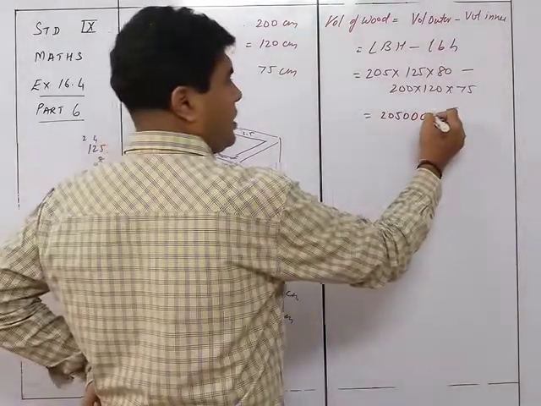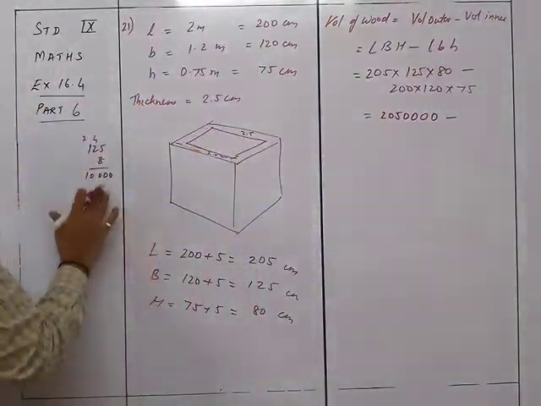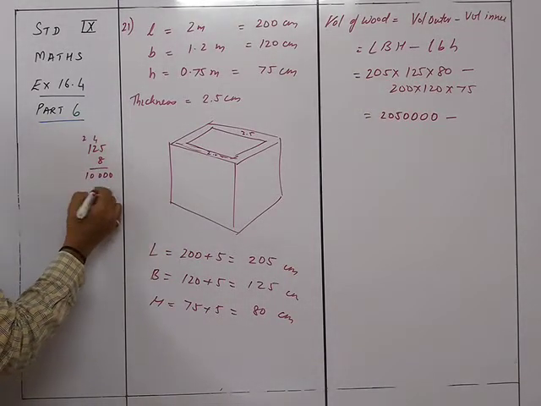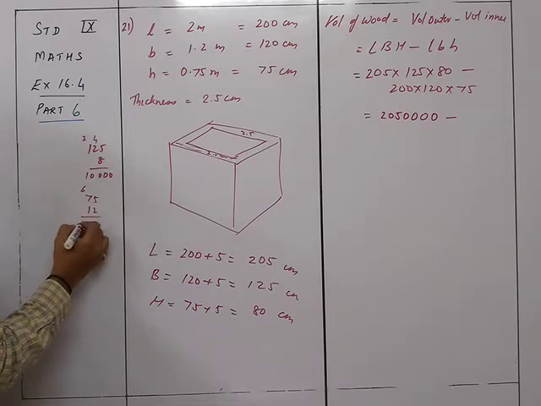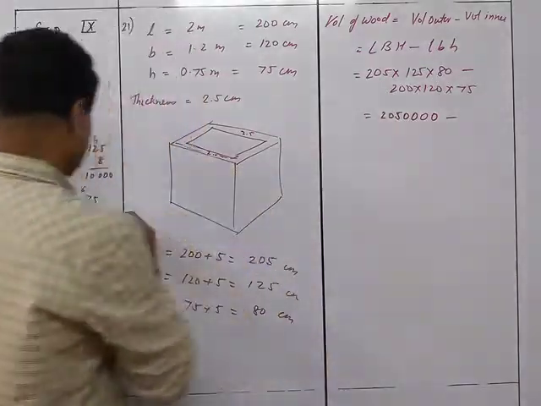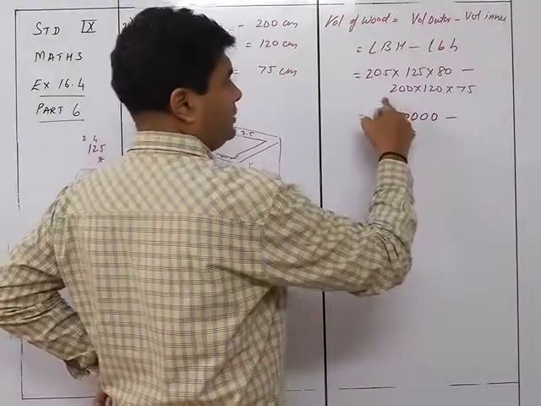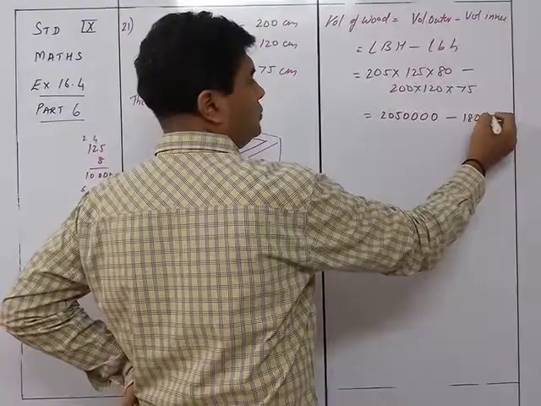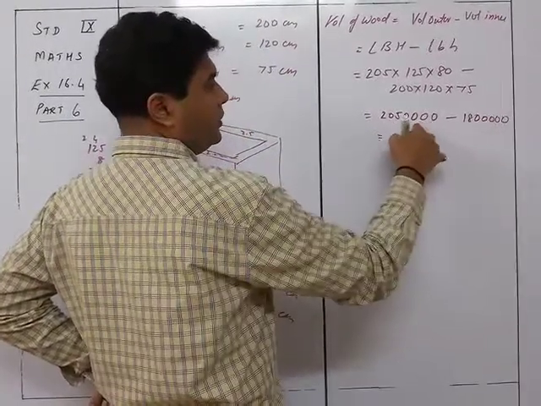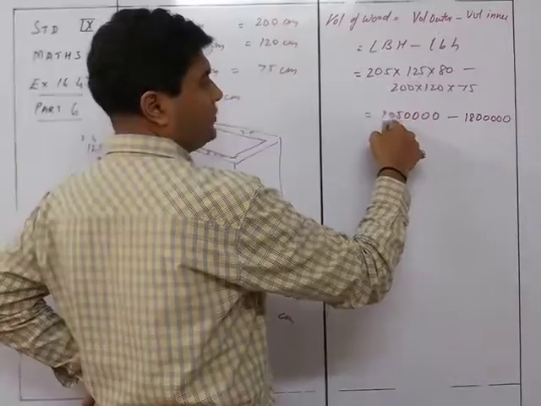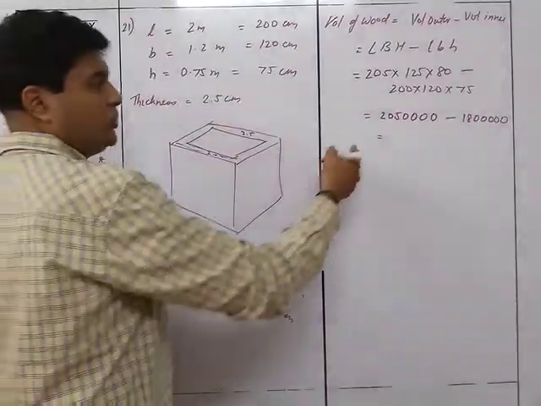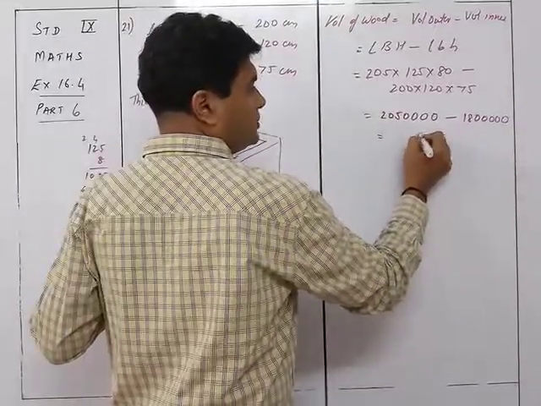Minus the next one, which is 75 into 12. 75 into 12, 12 times 5 is 60, 12 times 7 is 84, so 900. Then 900 into 2 is 1800, and so on. That will make the difference as 0, 0, 0, 0.